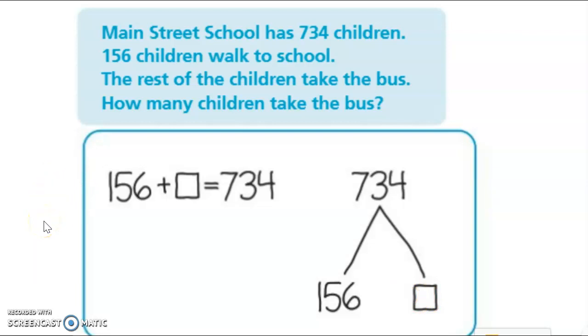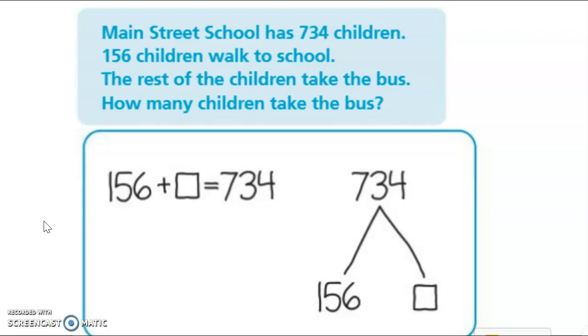Do you remember when we did the adding up method? Think about how we did the adding up method. Yep, we add to the next 10, and then we add to the total. Or we add to the next 10, add to the next 100, and then add to the total.